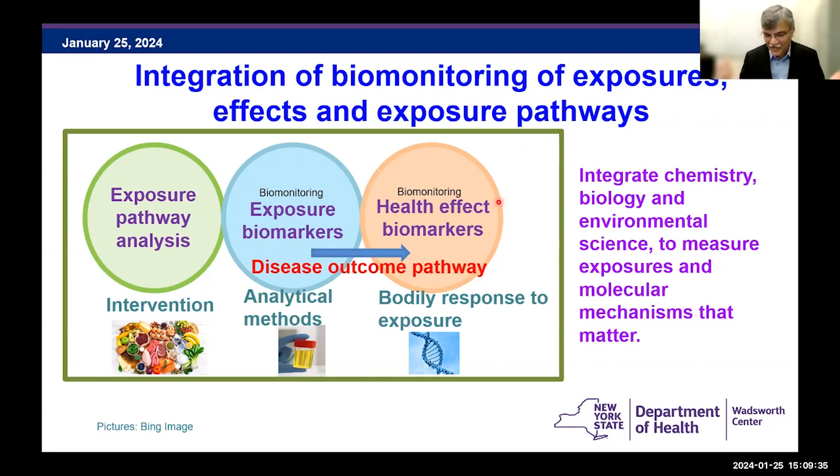I will present some examples of the work that we have done in the past 25 years, combining all these things. This is what my lab represents in terms of the research program we have here. We integrate chemistry with biology, environmental science, and of course, we work with epidemiologists, clinicians, toxicologists. So we work as a team. We learn from each other from these kinds of approaches.